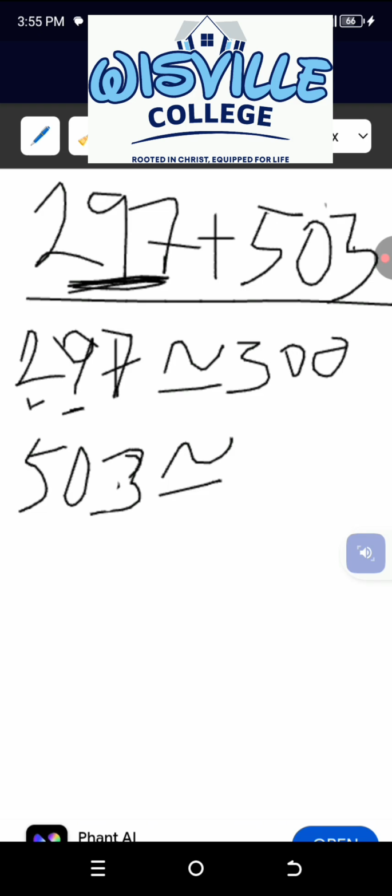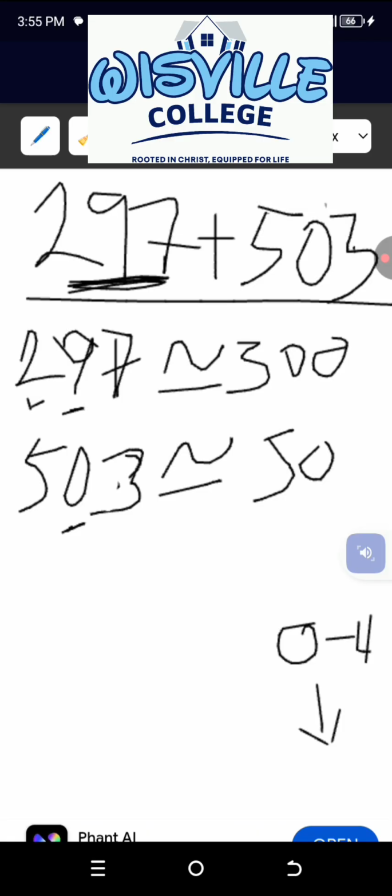Now look at 0. It is between 0 to 4. So what should I do? Round it down, right? So 5 will not receive or give anything. It will just be 5, 0, 0. We're making 0 here because this 3 did not play any part, so it becomes 0.